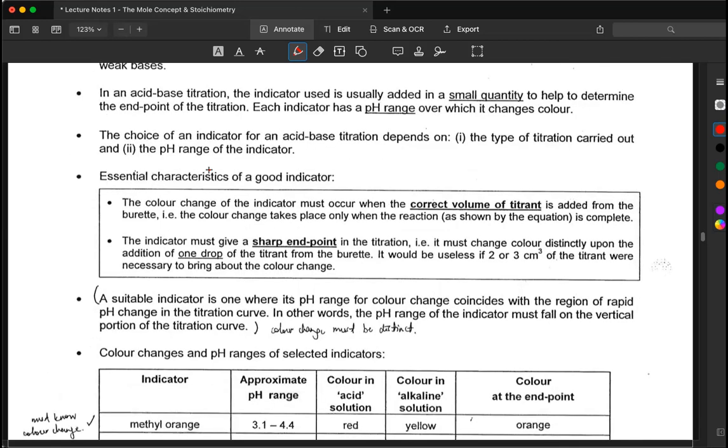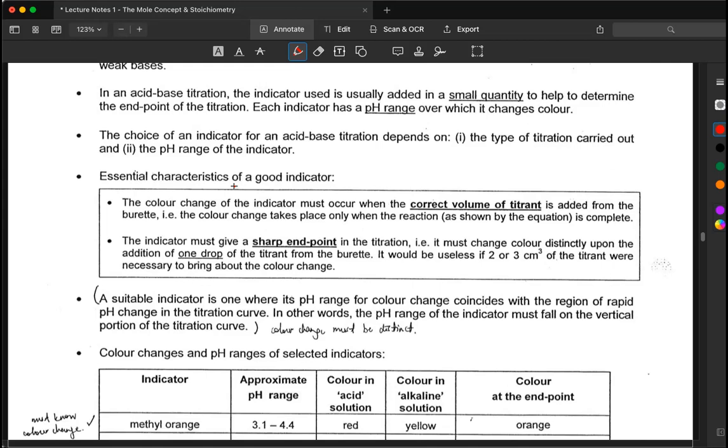And what makes a good indicator? The color change of the indicator must occur when the correct volume of titrant, which is from the burette, is added. You must have the correct volume. The indicator must indicate the correct volume. If not, how can it be an indicator?